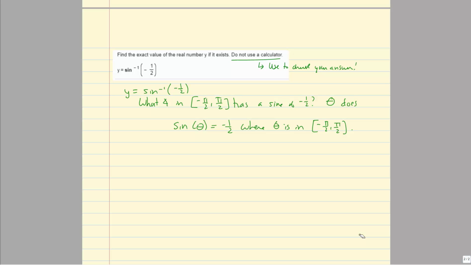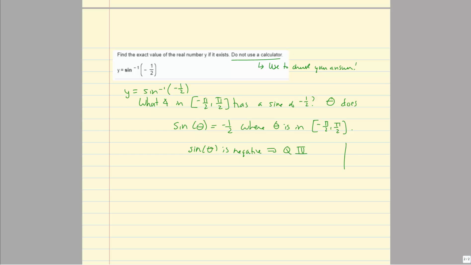So first of all, it looks like to me on this one, the sine of π/6, or the sine of 30 degrees, is going to be 1/2, but this is a -1/2, so I need to rotate it into the fourth quadrant. Because this is negative, so sine of theta is negative, this means quadrant 4.